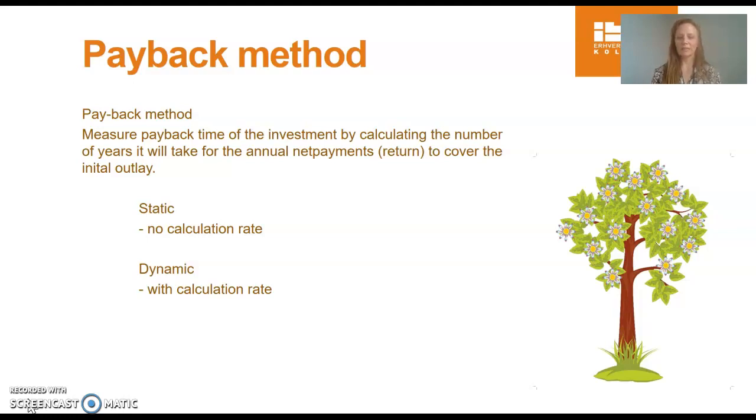So thereby also said that the static method is not the most correct way, or at least it's not the most precise way to calculate the profitability of the investment. But we will do a little discussion of that in the class as well, because it's probably the most used way to calculate the profitability of an investment among companies. And we will talk about why this is the case.